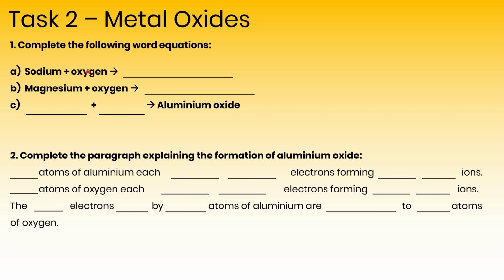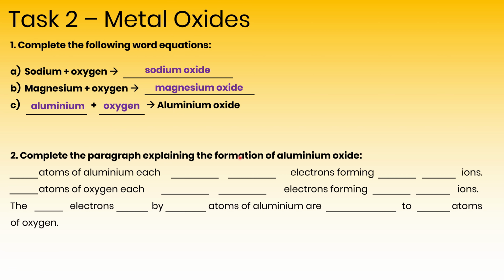1a. Sodium plus oxygen should make sodium oxide. 1b. Magnesium plus oxygen should make magnesium oxide. 1c. In order to form aluminium oxide, we need to react aluminium with oxygen.